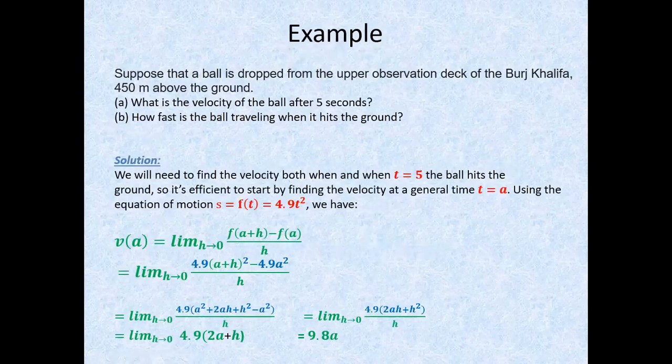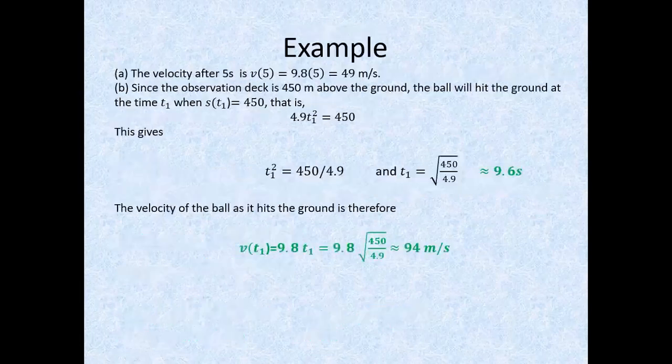So now we have the formula. The velocity after 5 seconds is v of 5 equals 9.8 times 5 equals 49 meters per second. Since the observation deck is 450 meters above the ground, the ball will hit the ground at the time t1 when s of t1 equals 450.